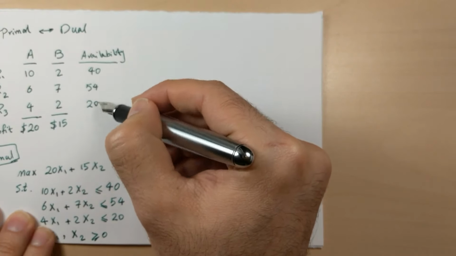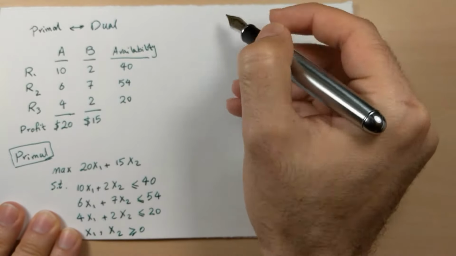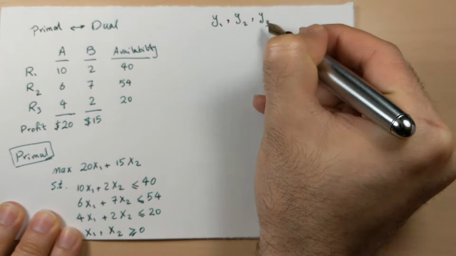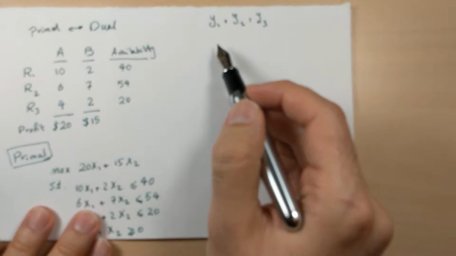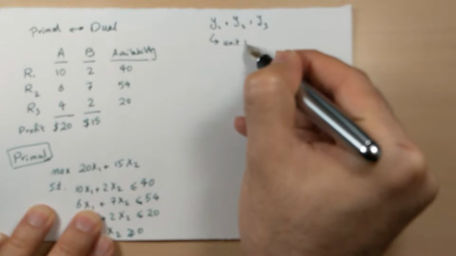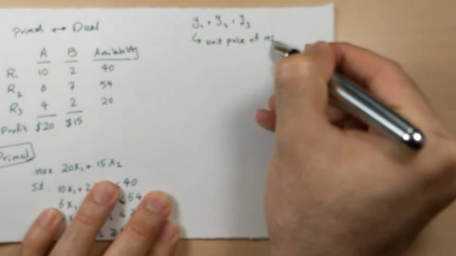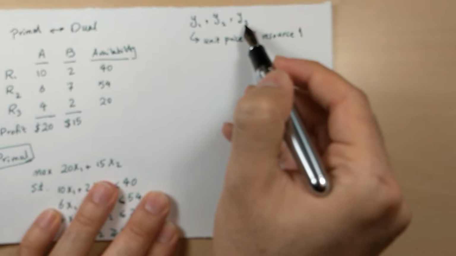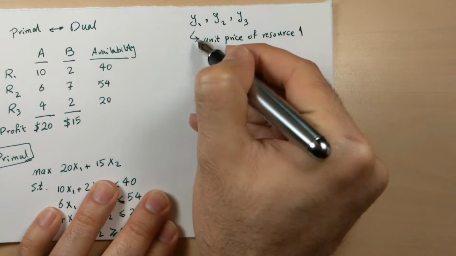We have three resources and we want to decide about their unit price. So our decision variables for the dual problem will be y1, y2, and y3. Each y is for one resource. So for example, y1 is the unit price of resource 1, and similarly the unit price of resource 2 and resource 3.